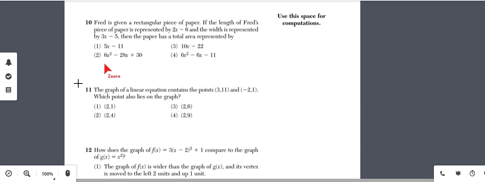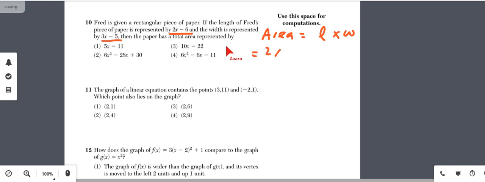Question number 10, they said Fred is given a rectangular piece of paper. The length is represented by 2x minus 6 and the width is represented by 3x minus 5. Then the paper has the total area represented by... So you have to calculate the area, which is basically length times width, so you just have to multiply the two given polynomials. 2x times 3x will become 6x squared. 2x times negative 5 will become negative 10x.